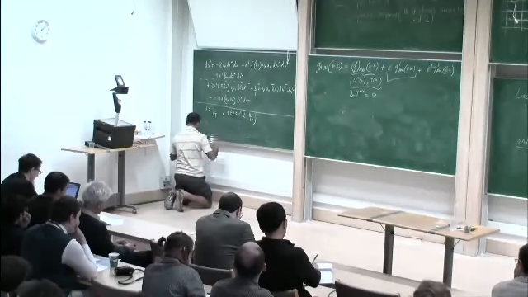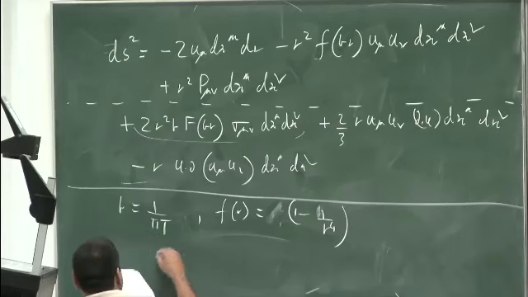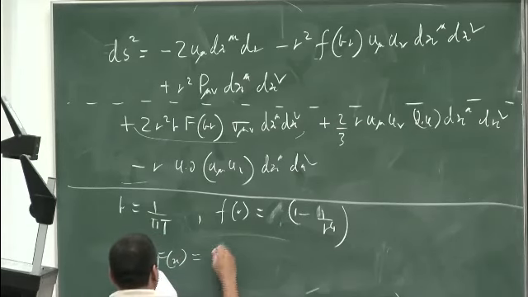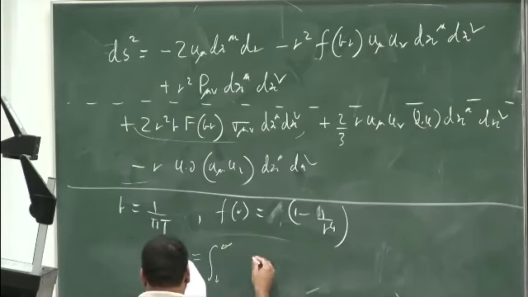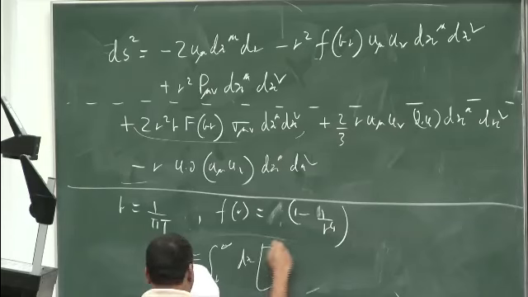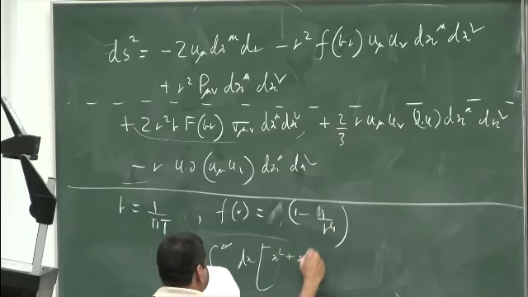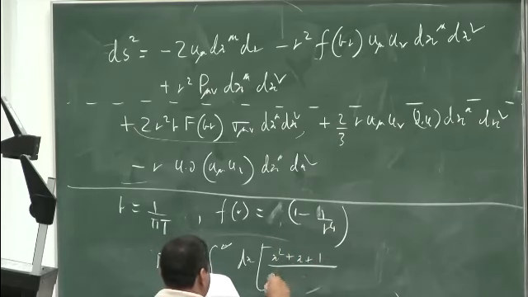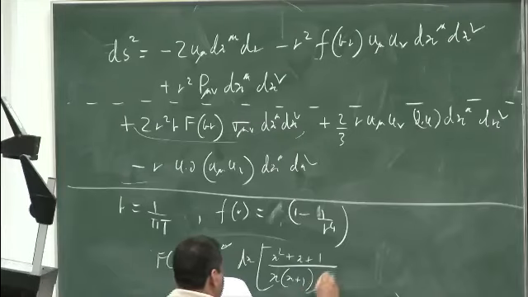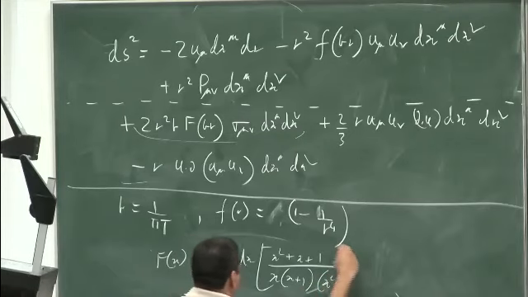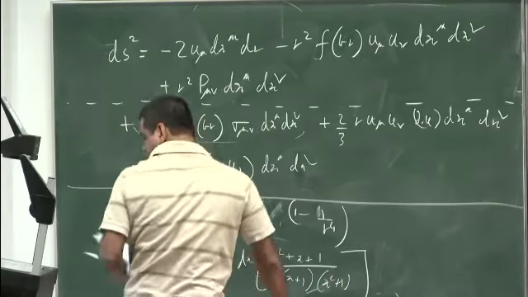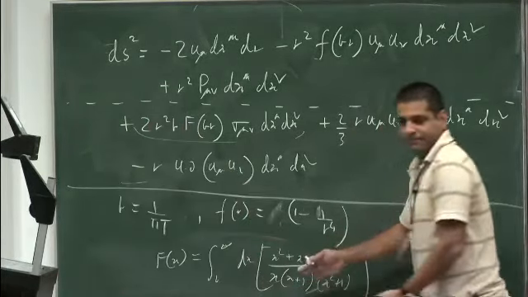It's some function obtained by that integration: F(r) is equal to the integral from r to infinity of dx (x^2 + x + 1) over x(x + 1)(x^2 + 1). Some known function.